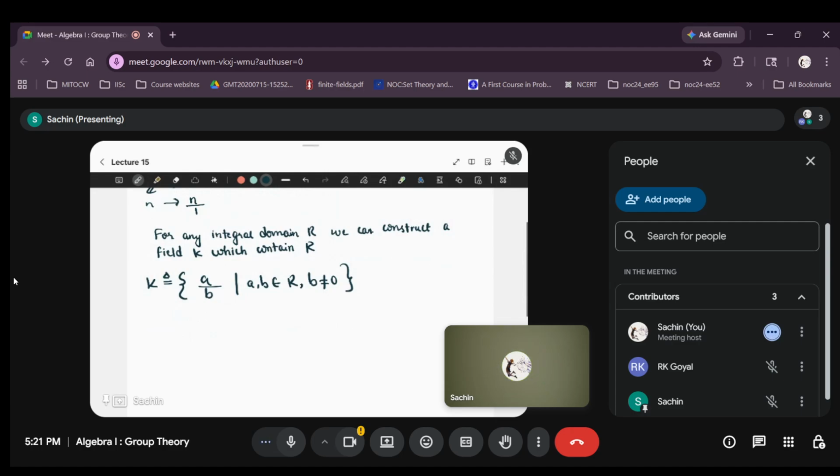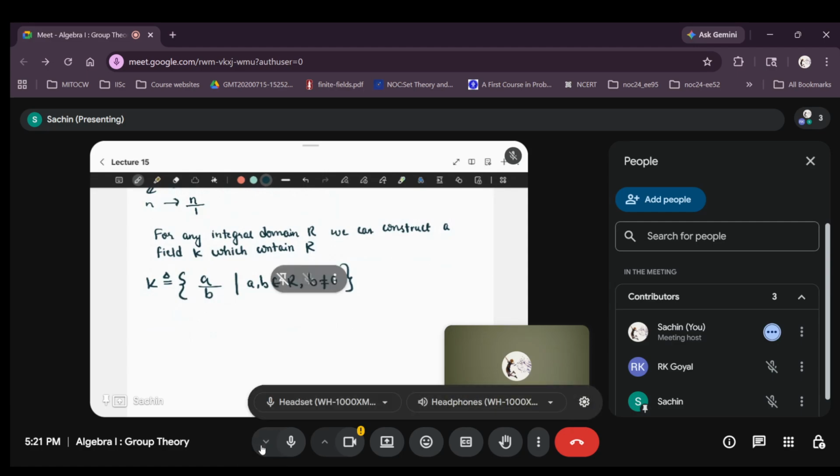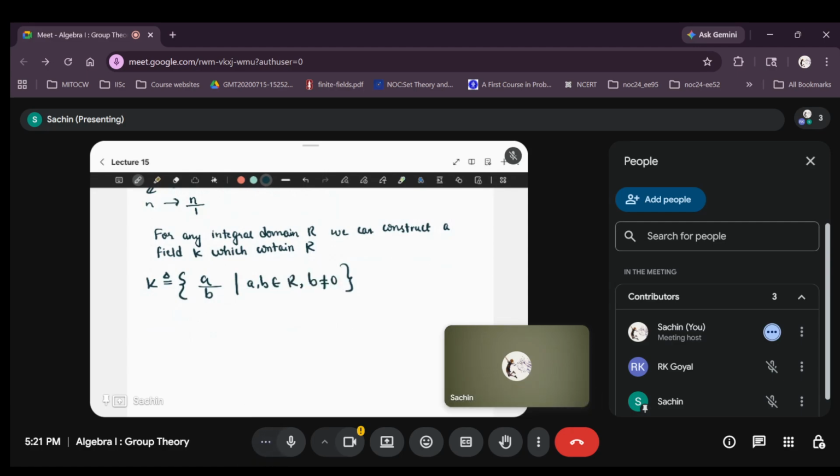On this set of elements, we will define, for a ring we need what? We need two operations. So we'll define the addition and multiplication. Addition would be: you have two elements A by B plus C by D. If you add them, you get AD plus BC divided by BD.